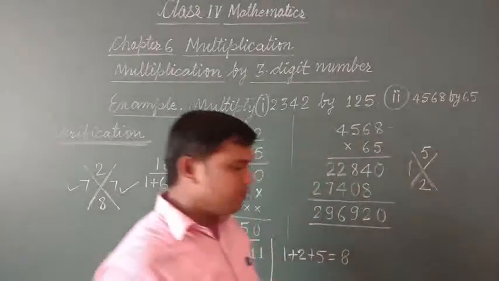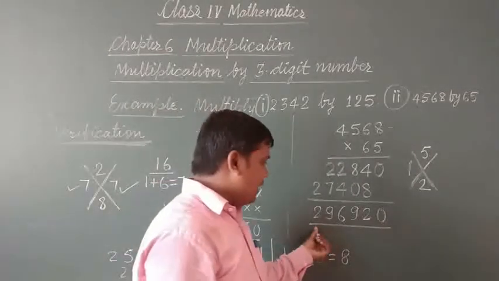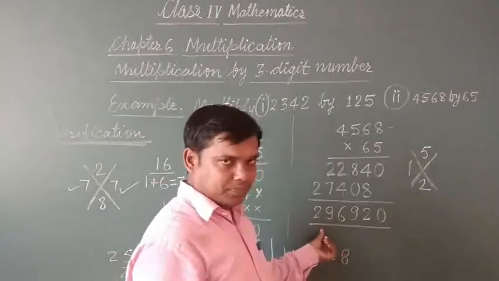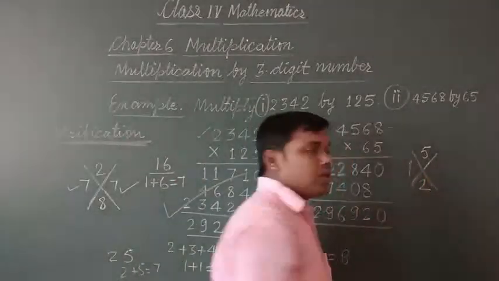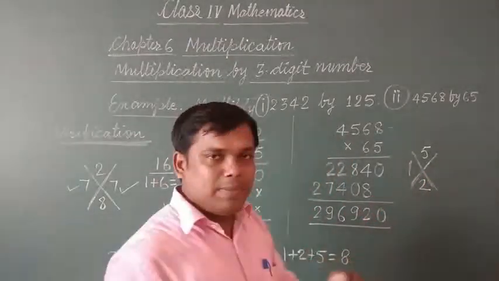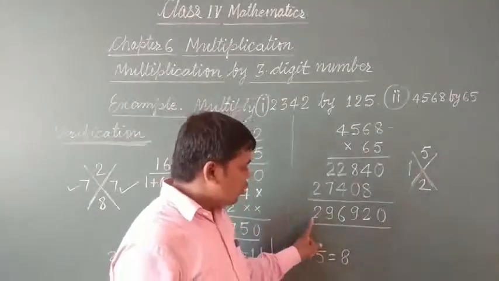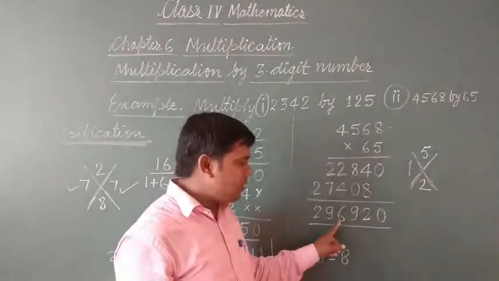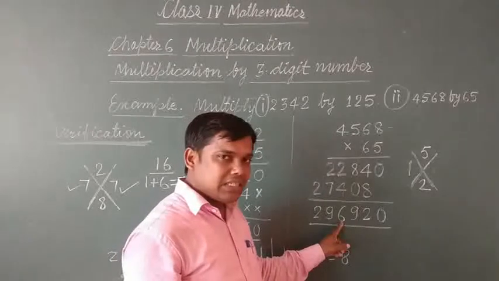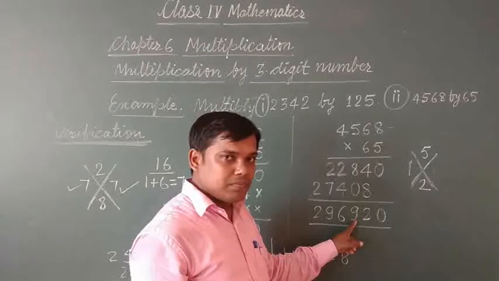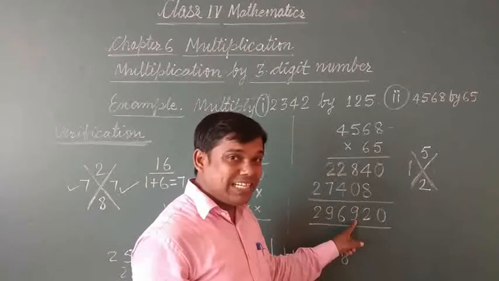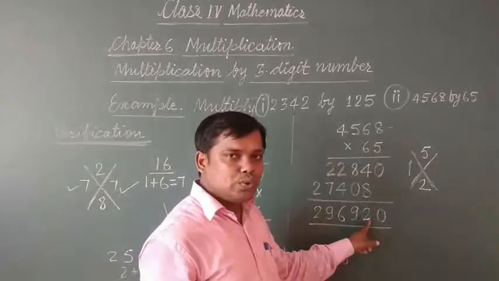Now we will add these digits together. If we get 1 on this side also, it means our product will be correct. 2 plus 9, 11 plus 6, 17 plus 9, 26 plus 2, 28.